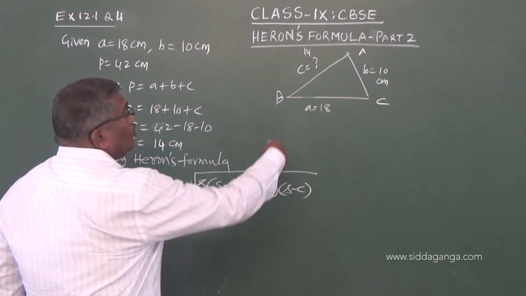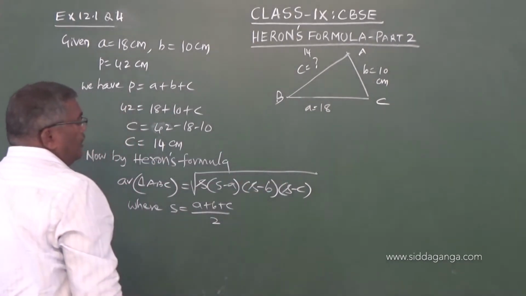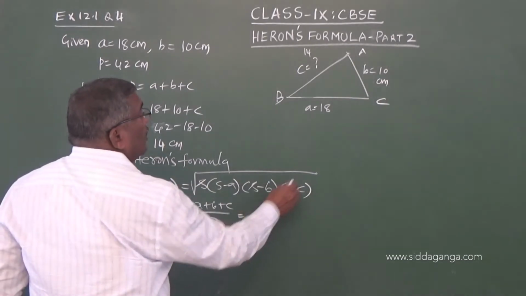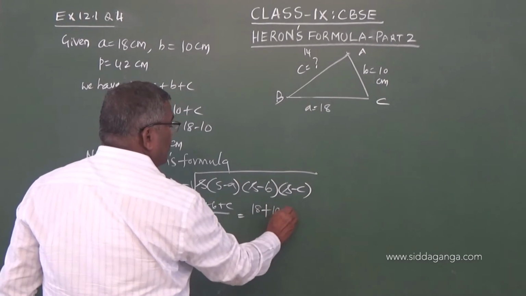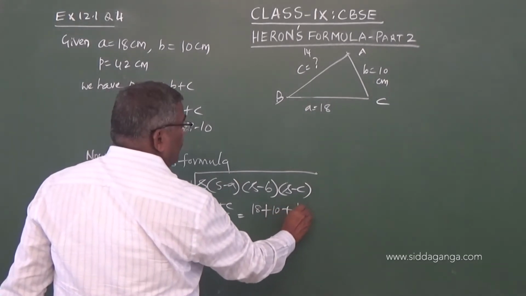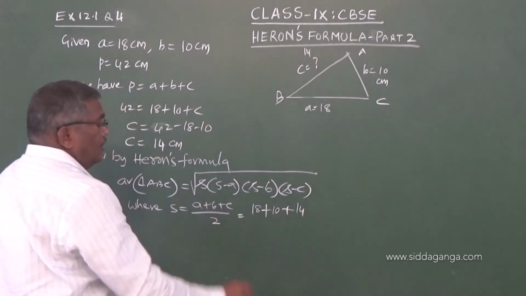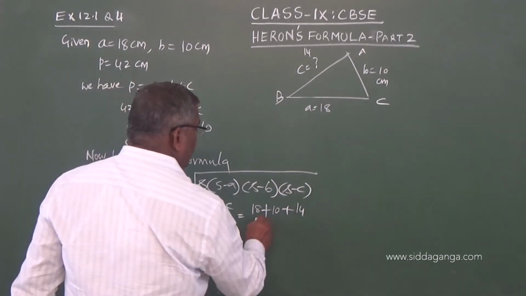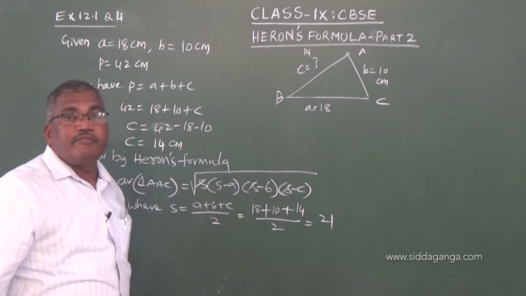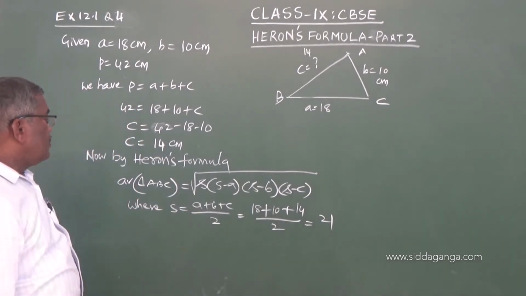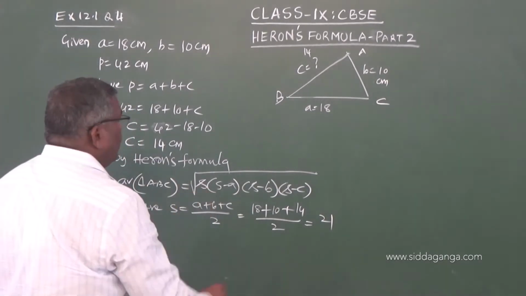So the total of the three, we know that it is 18 plus 10 plus 14. That is 42 by 2 is equal to 21. So therefore apply the formula.